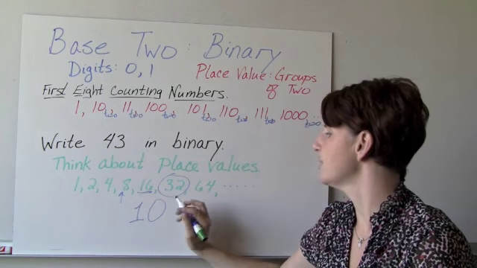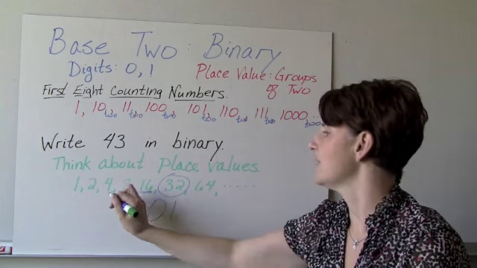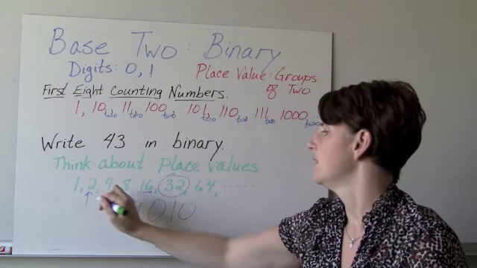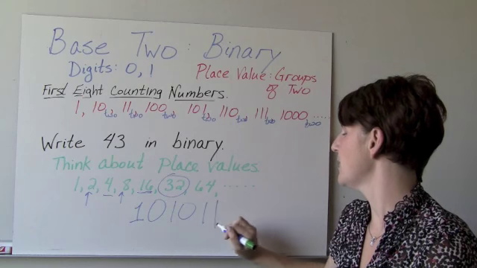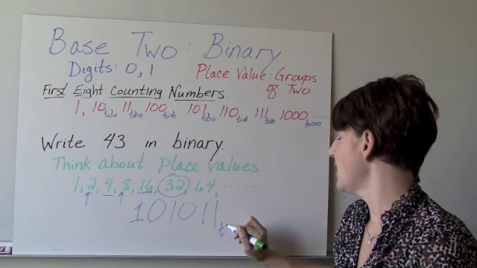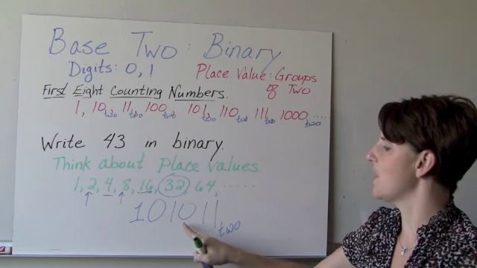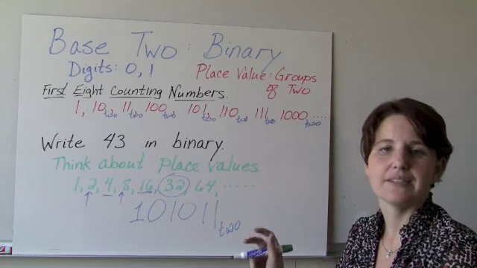I have 1 group of 8 with 3 left over, so that's 0 groups of 4, 1 group of 2, and 1 group of 1. And so 43 would be written as 101011 base 2.